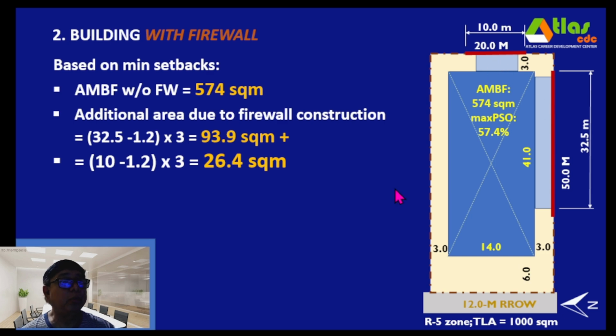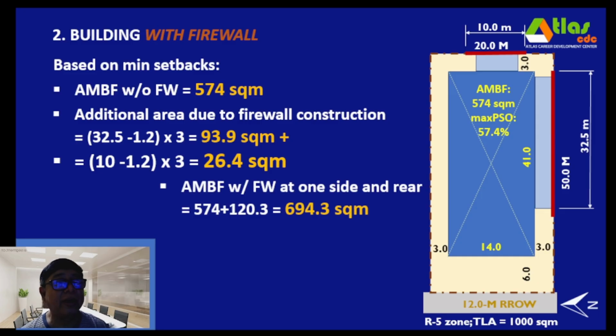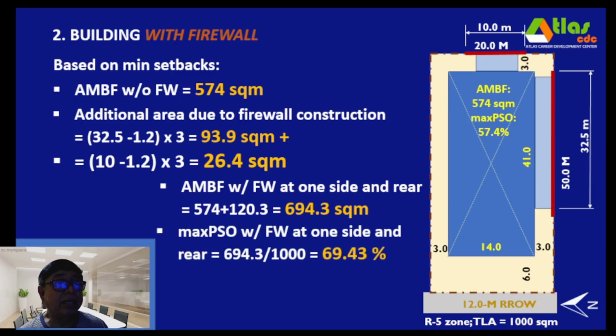So we add this and this together, that will be the total additional area at 120.3, and then we add it to this AMBF of 574, will give you a total of 694.3 square meters. And then in percentage, that will be at 69.43%. That is firewall at one side and the rear.